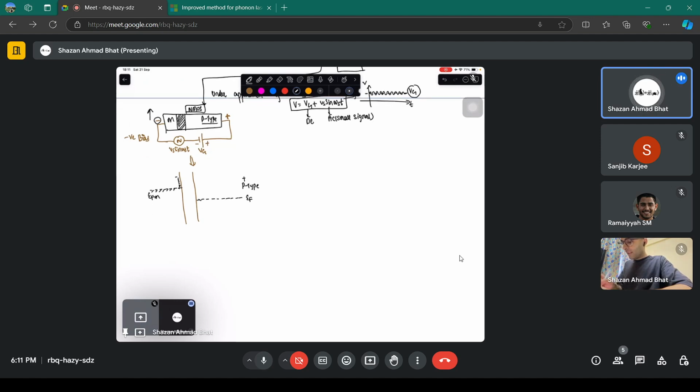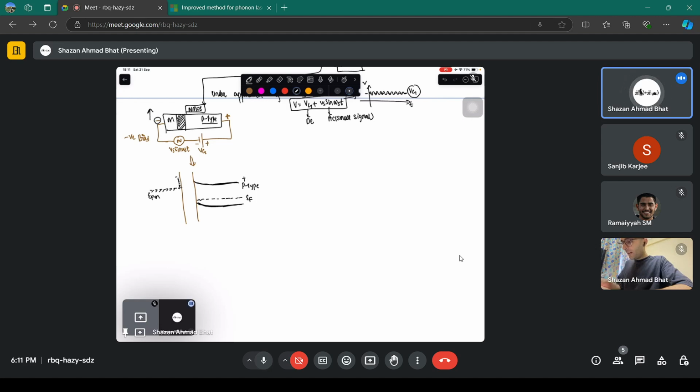Because of that, you will see there is a bending near the interface. In the bulk, the semiconductor remains as it was earlier, but near the interface, it starts to bend like this.